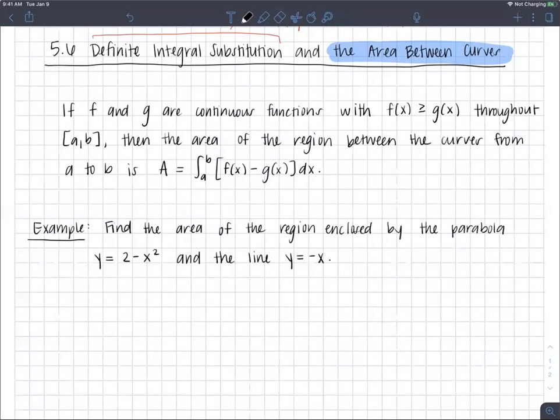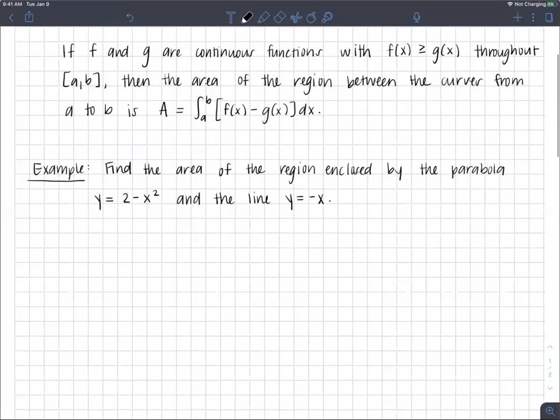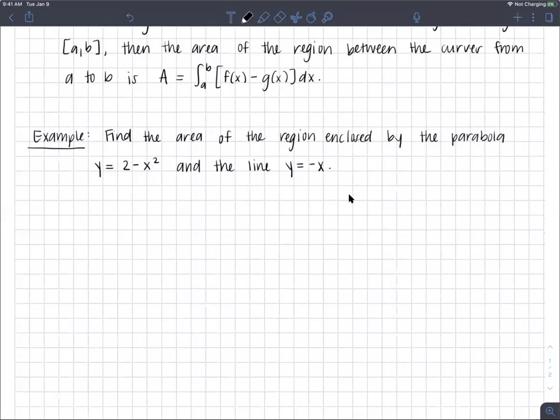And so to find the area, what you usually want to do is graph these things so that you can picture what's going on, especially when you're first starting out with these types of problems. Later on, you could probably not graph them and instead find what's called the point of intersection. But yeah, what I need to figure out is what region is enclosed by these two curves.